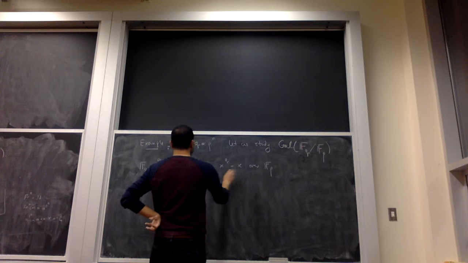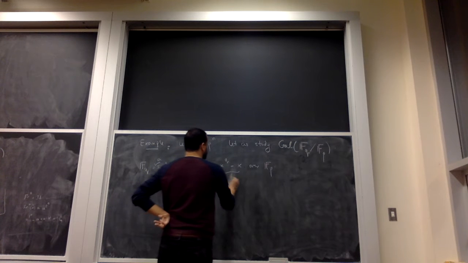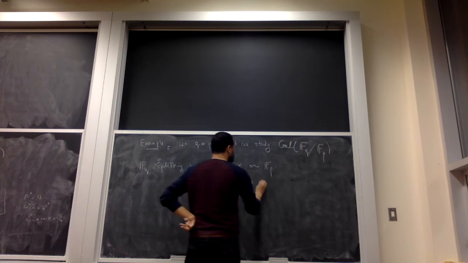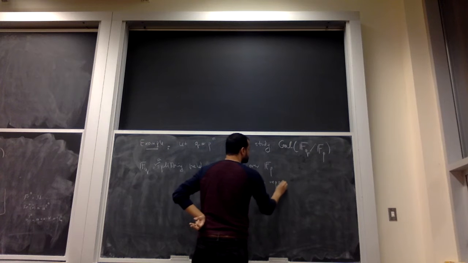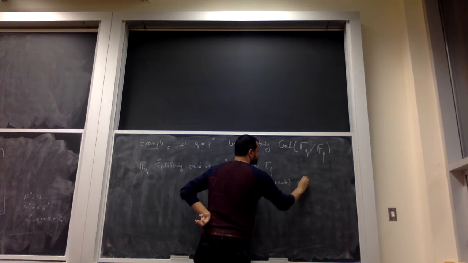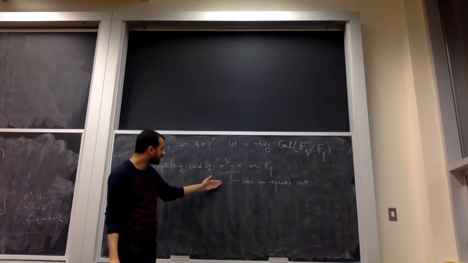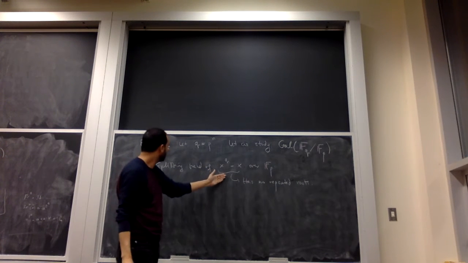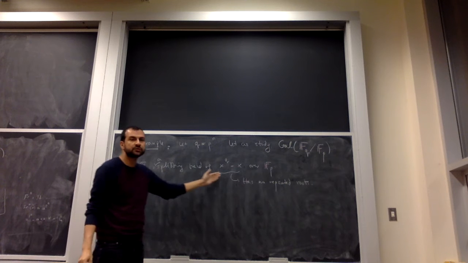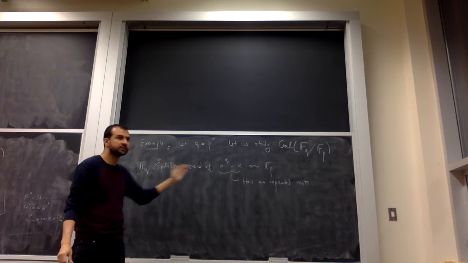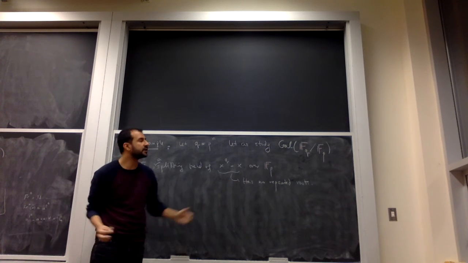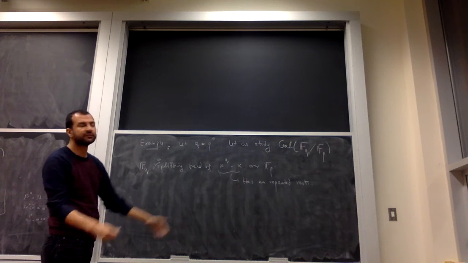This polynomial doesn't have any repeated roots. One way to argue that would be that every element of F_Q is a root of it, so it has Q distinct roots, so it doesn't have any repeated roots. Or you could look at the derivative if you like.